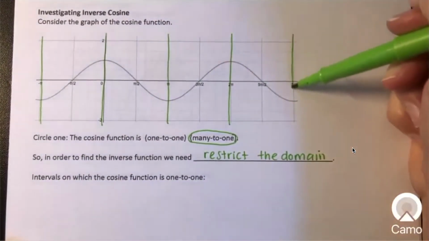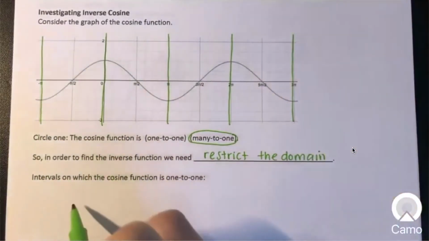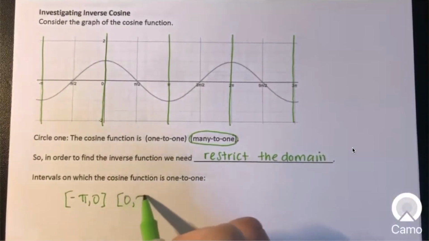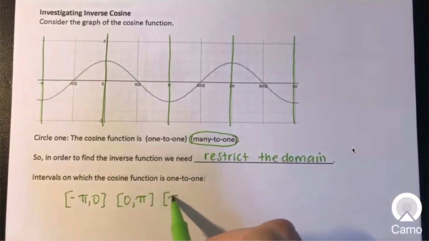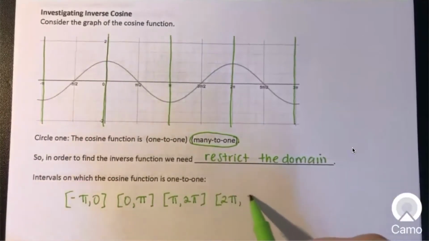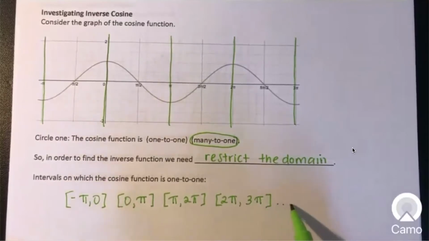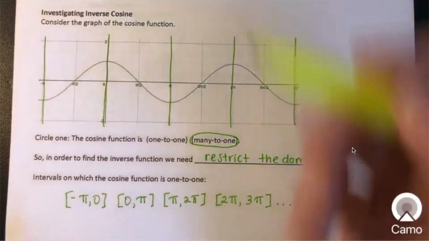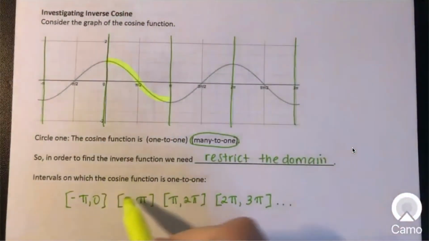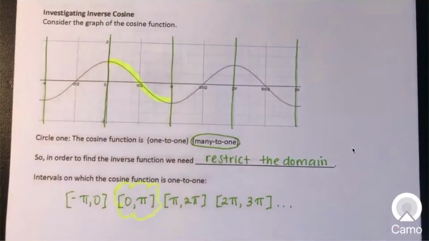So we can see that on these intervals from negative pi to 0, from 0 to pi, from pi to 2 pi, 2 pi to 3 pi, and so on, cosine is now 1 to 1. So the interval that we are going to concern ourselves with for the actual inverse function is this first positive interval between 0 and pi. That's the one we will graph for our inverse function.